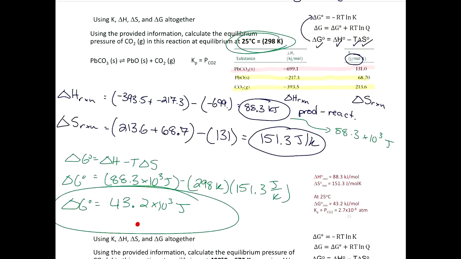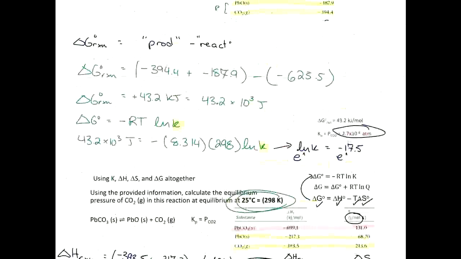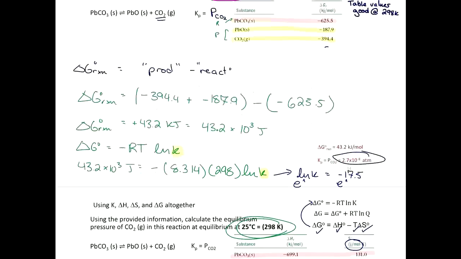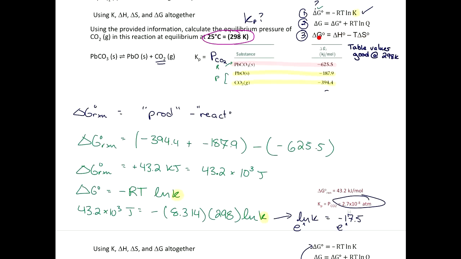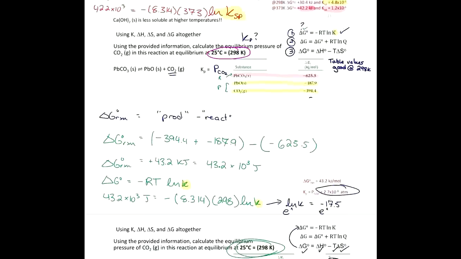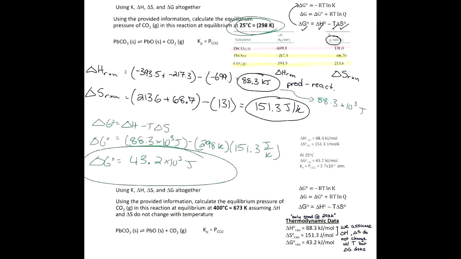So this delta G value is the same number we got up here, 43.2 times 10 to the 3, right? They're all related via this equation, delta G equals delta H minus T delta S. Again, at 298 Kelvin, all these values will be related to one another when you look at different reactions, if you calculate the delta H's and delta G's of reactions for those things.